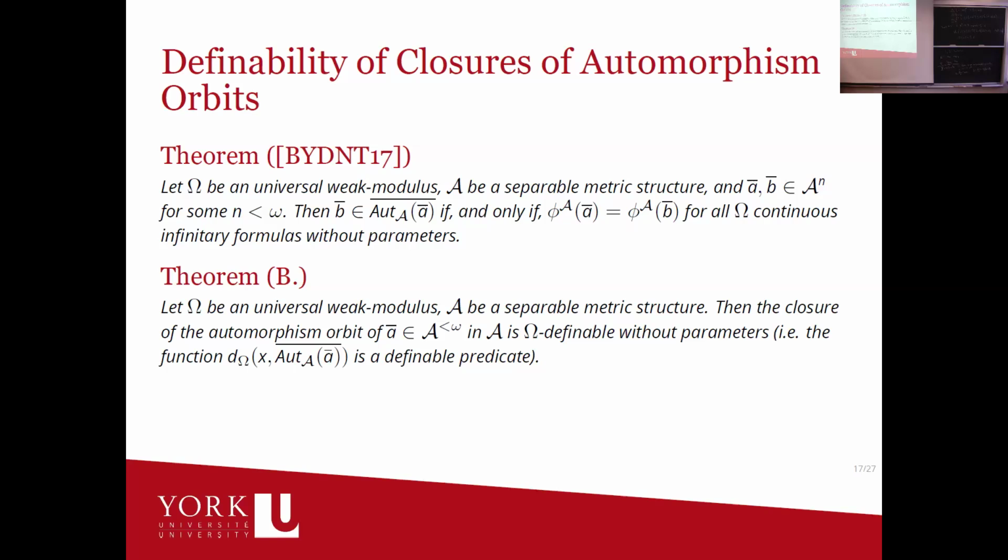So it's really the union of all of the automorphism orbits that are inside the set. So you can define anything you want. This is interesting. It tells us that continuous infinitary logic is maximally expressive for separable metric structures.